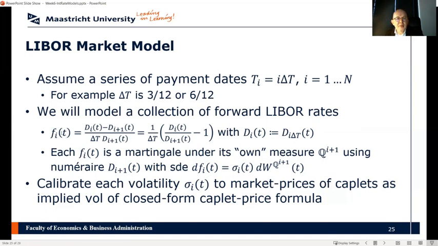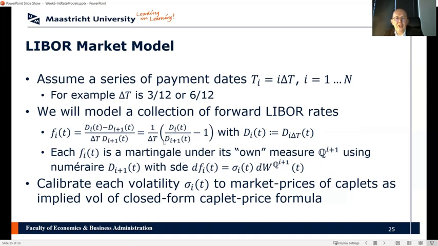The market value at time small t of this forward LIBOR rate is D_i of t minus D_{i+1} of t, divided by D_{i+1} of t times delta t. So this is this delta t correction. And you see the D_{i+1} in the numerator and the denominator.